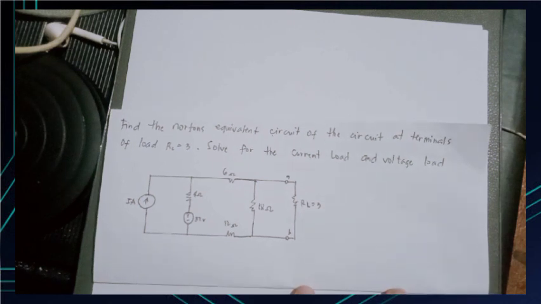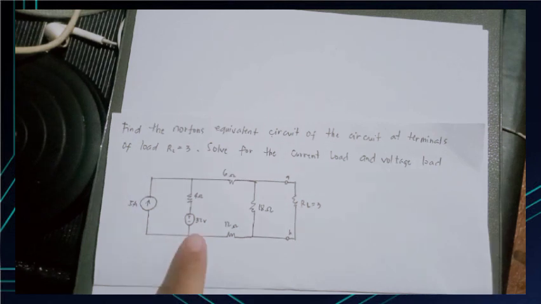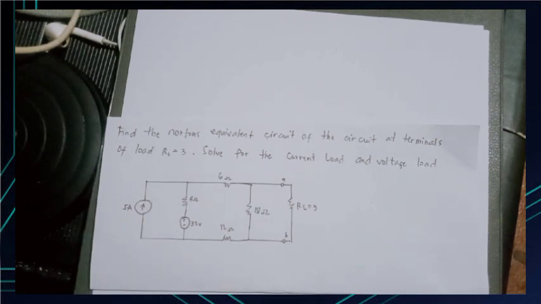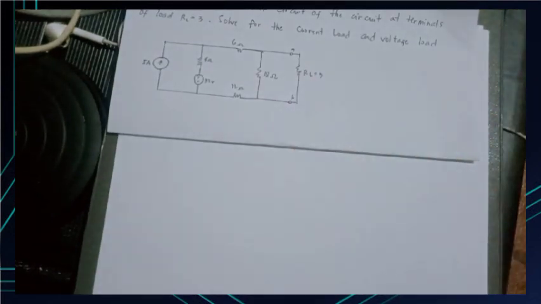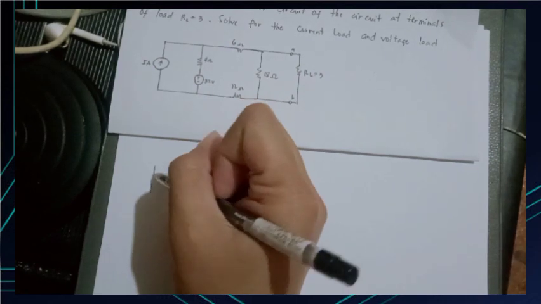So, sa first step natin, kailangan natin makuha ang ating RN. So, para makuha yung RN natin, isi-short natin ang 32 volts at i-open natin ang 5 ampere. So, i-open natin yung 5 ampere.